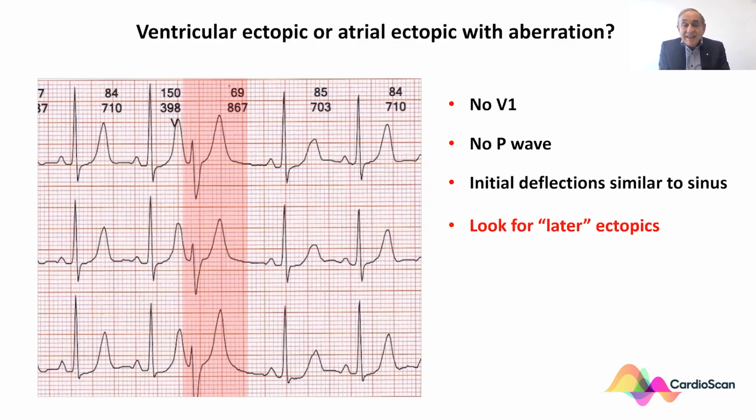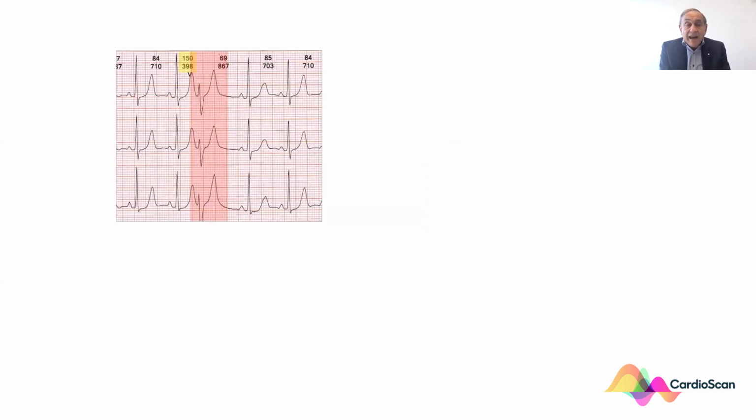So we need to look for later ectopics. We now go to this Holter monitor and look for other ectopic activity. This is a very short distance between the QRS of the sinus-generated beat and the QRS of the ectopic.